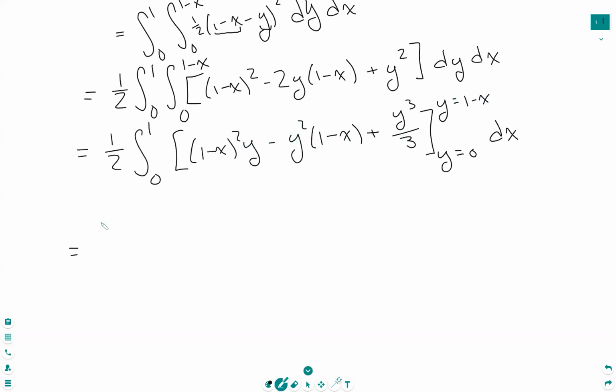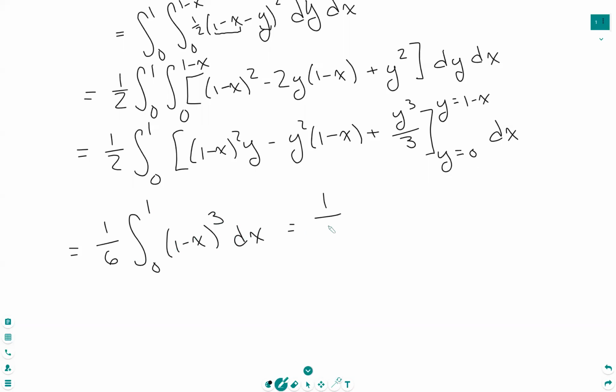So I can bring that third out, and I can have 1/6 times the integral from 0 to 1 of 1 minus x cubed dx. You could FOIL this out. You could do a u substitution, however you want.